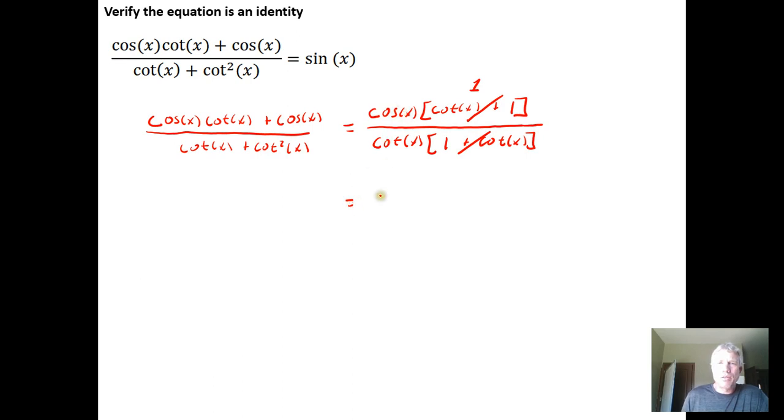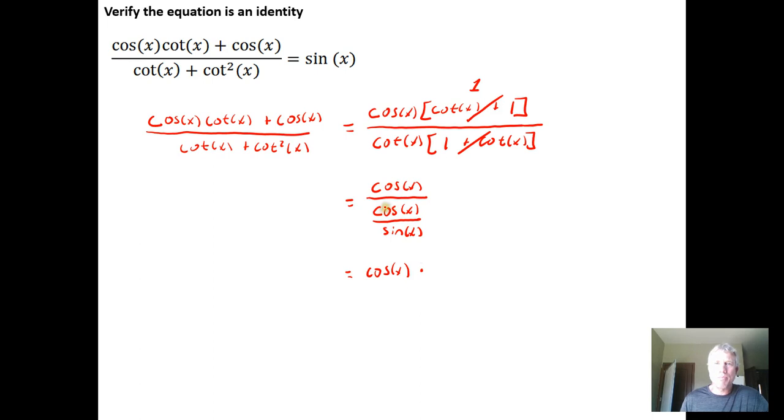So we get cosine of x over cotangent, but the cotangent can be rewritten. Cotangent is the same as cosine of x over sine of x. And I know that division of ratios is the same as multiplication by reciprocals.